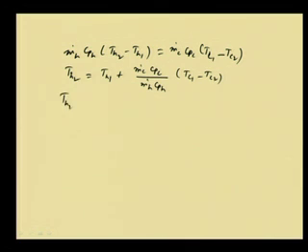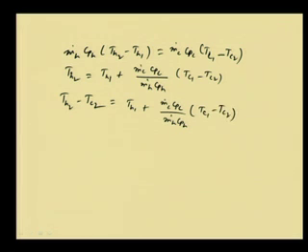Then we can write Th2 minus Tc2, which is needed, equal to Th1 plus m dot c Cpc by m dot h Cph into (Tc1 minus Tc2), then minus Tc2 again.